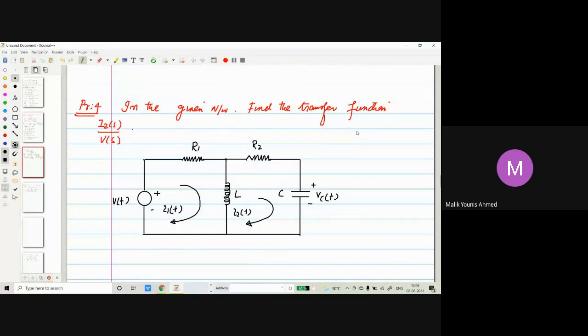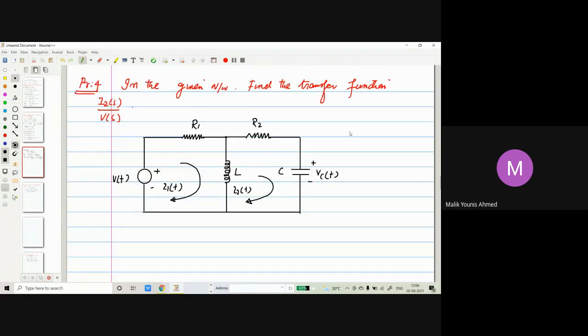Now let's find another numerical. In the given network, you have been asked to find the transfer function I2 of S divided by V of S, that is, current in the second loop and voltage of the first loop.